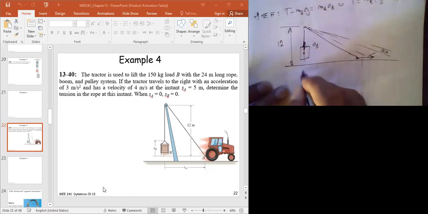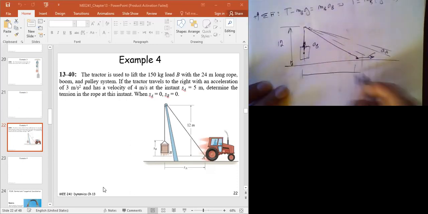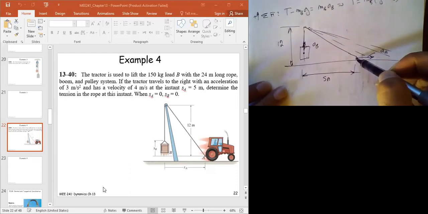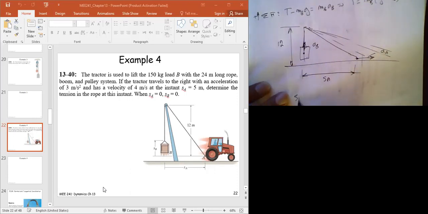Then we have that the length of the cable is equal to L. We can project it on this, so it's square root of SA squared plus 12 squared, plus 12 minus SB. Square root of SA squared plus 12 squared is equal to the length of the inclined cable, which is equal to how much?